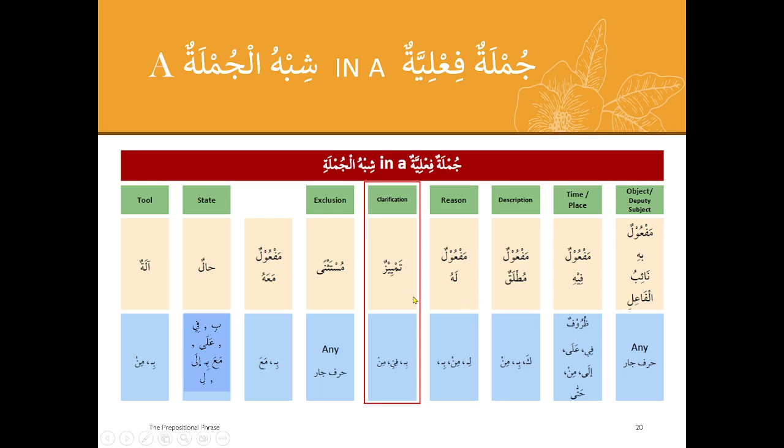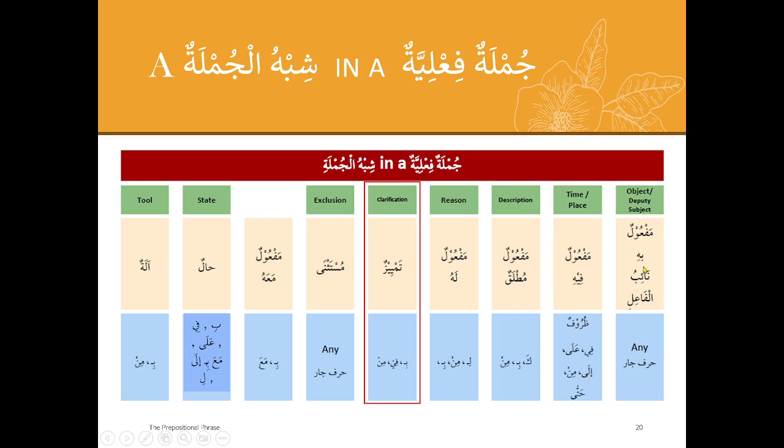However, what they like to say is it has the meaning of tamyiz. You see this in the I'rabs when we do it: fi ma'na tamyiz, with the meaning of tamyiz. But really, it's not like the other cases where the Shibh Jumlah can actually take the slot of an isim. Remember, all of these are actually isims.